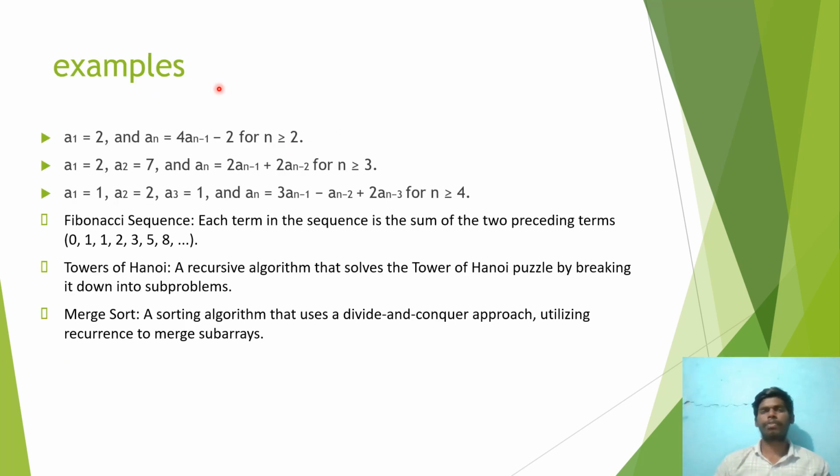Now let us see some examples of recurrences. Here the first example: a_n is equal to 4a_(n-1) minus 2, with initial condition a_1 equal to 2.